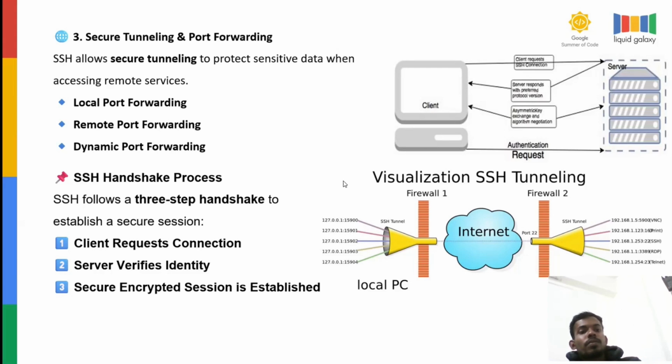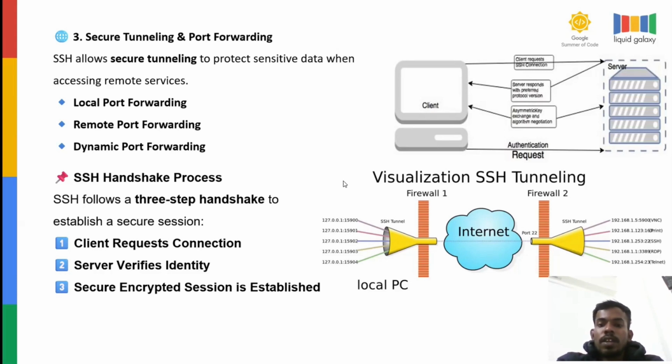And there is a handshake process involved in all these steps. The handshake process contains three main steps to establish a secure session. It starts when the client requests a connection with the server.